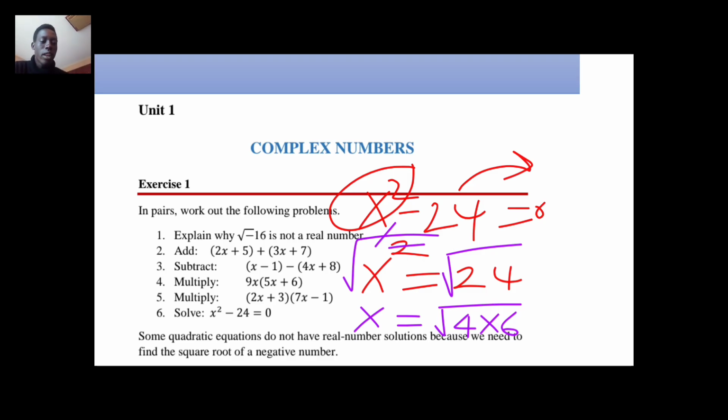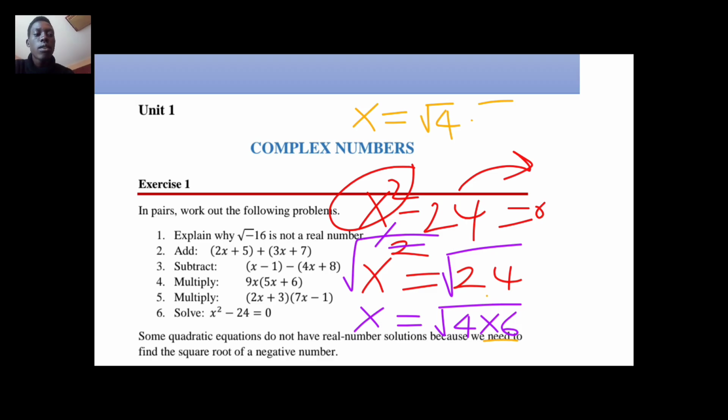Since we have that, you will say that x is equal to what? You can put these two numbers under different roots. You say x alone is equal to root of 4 times root of 6, because you are multiplying the two.